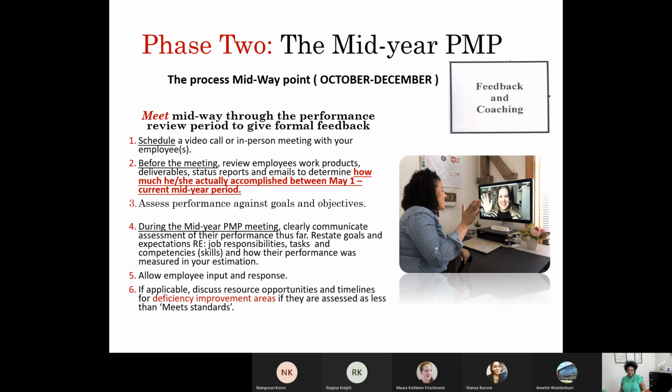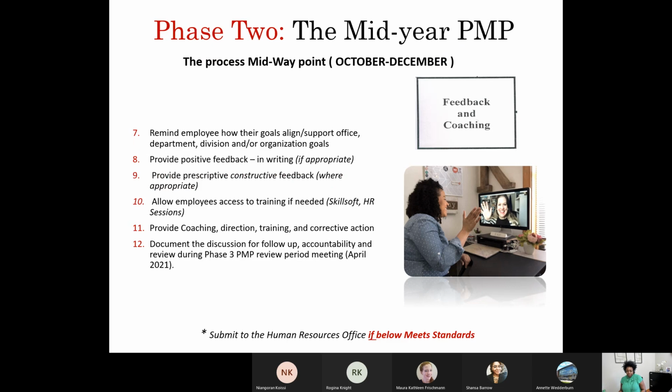Now they still have time because they have another 6 months before the PMP form is completed and submitted to HR. So you'll let them know that you definitely want to see some improvement, or kudos for a job well done. Again, this is another opportunity to remind them of how their goals and their work aligns to support not only your office, but the department, the division, and BSU as a whole.